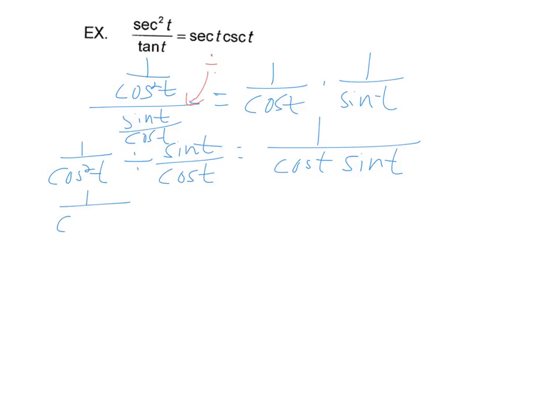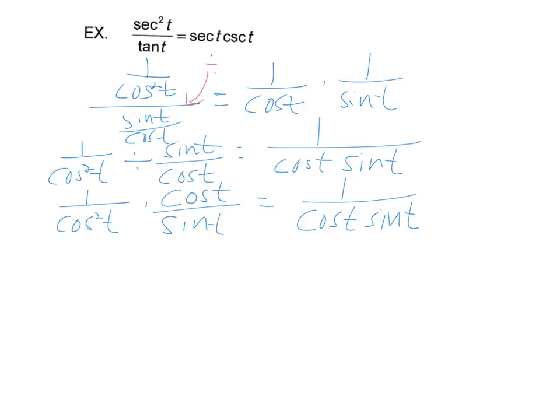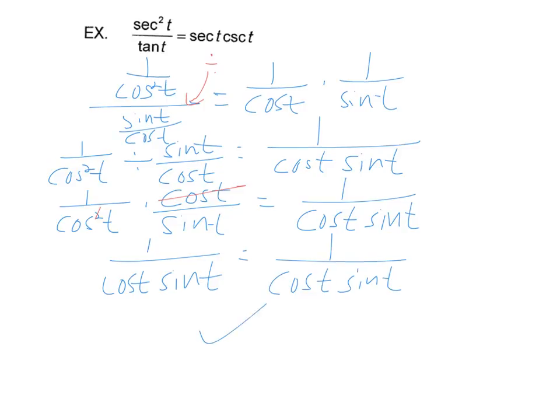So that would be 1 over cosine squared times cosine over sine. Then on the left side, 1 cosine could cancel. And so combining across the top is a 1, across the bottom is cosine sine. Same thing on the right side. So that one's finished.